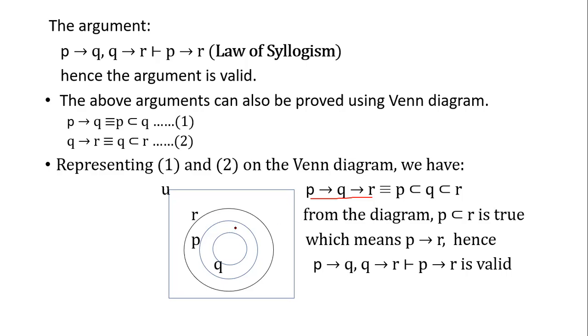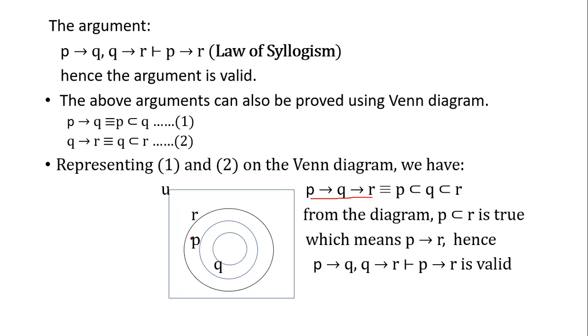So when we do a Venn diagram, we have R being the biggest set on the outside. Inside that we have Q, and inside that we have P. Among them, the greatest set is R and the least one is P. So P goes inside and R comes outside.